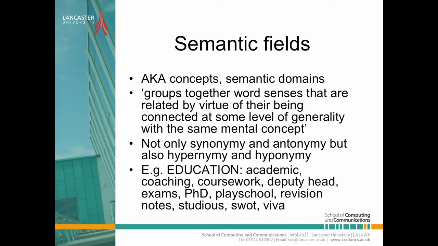So, for example, we would have a semantic field or category called education, including, for example, these words and others: academic, coaching, coursework, deputy head, exams, PhD, play school, and so on. So you can see that there's various parts of speech here, but we're assigning all of these words and multi-word units into this semantic field of education.